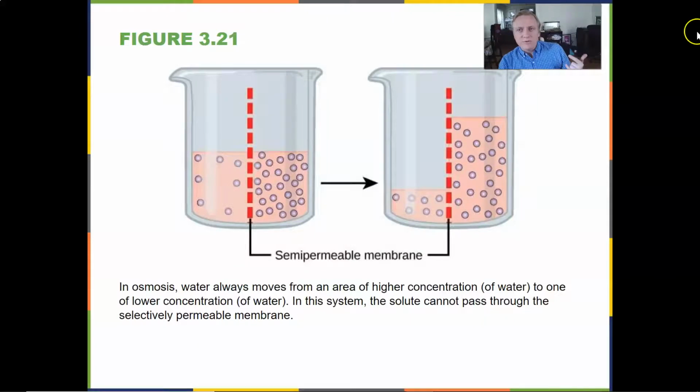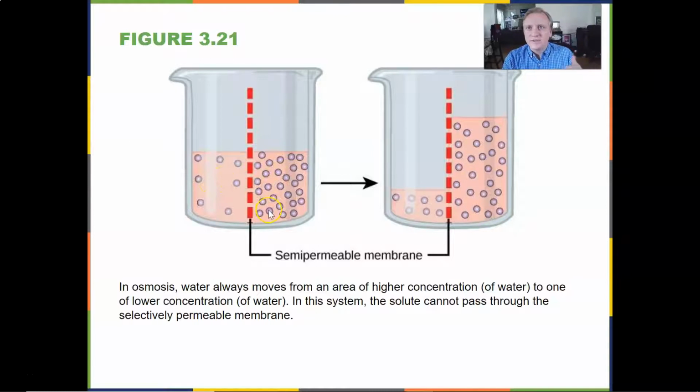Here's one that folks struggled with on the exam, and this has to do with osmosis. Remember, I kept saying wherever solute goes, water is sure to follow. This semi-permeable membrane here prevents your solute from moving from this area of high concentration to this area of low concentration, which would be diffusion. If this little red line wasn't here, these dots would move to the left side.